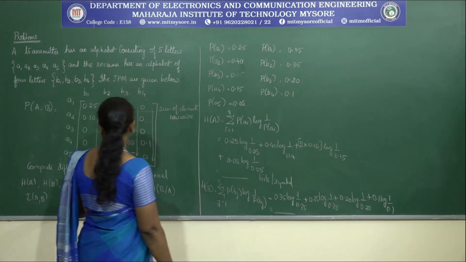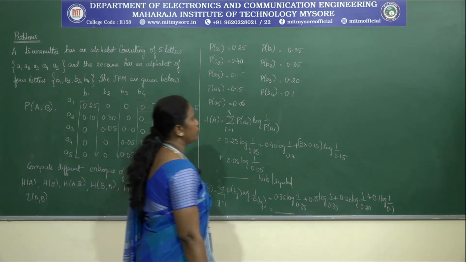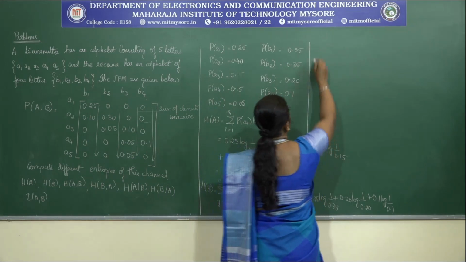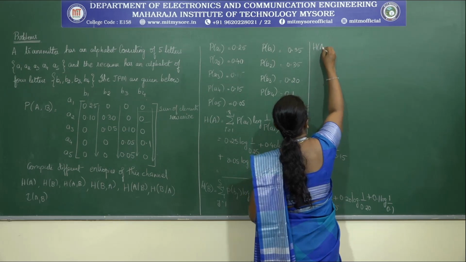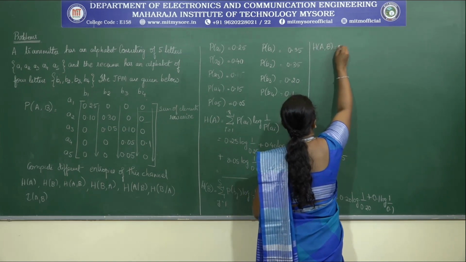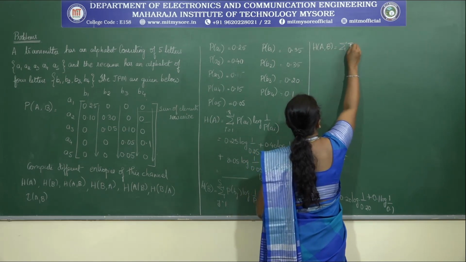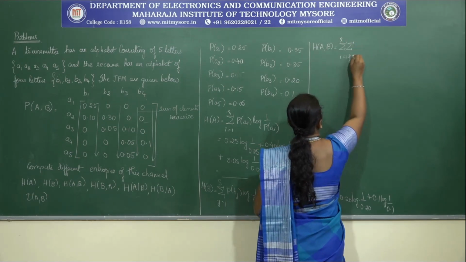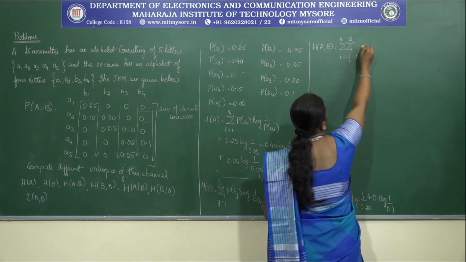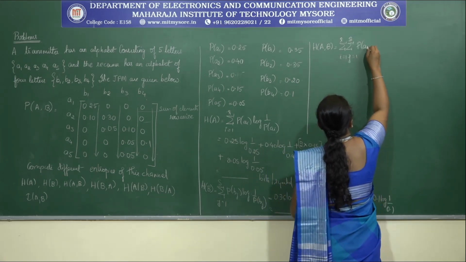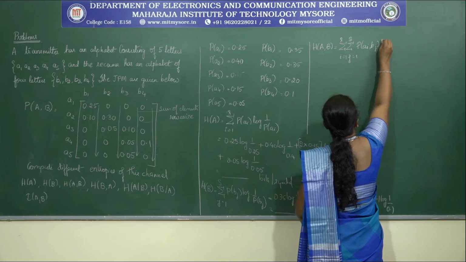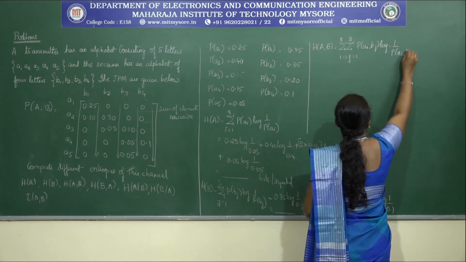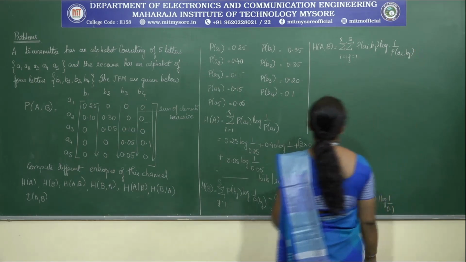So next what we need to calculate? We need to calculate H of A comma B, which is nothing but your joint entropy. H of A comma B is equal to the double summation of i equals 1 to r, j equals 1 to s, P of ai comma bj log of 1 by P of ai comma bj, which is the general formula.